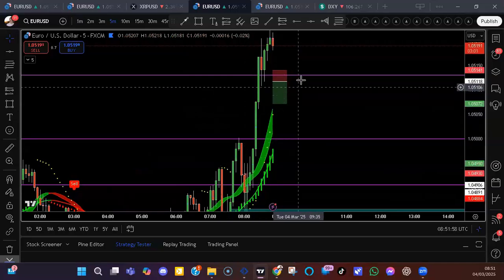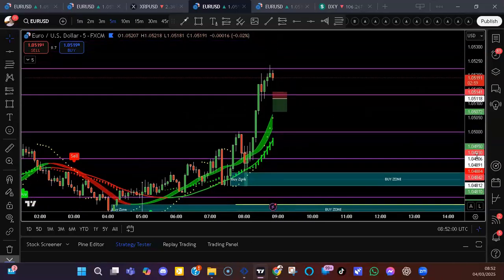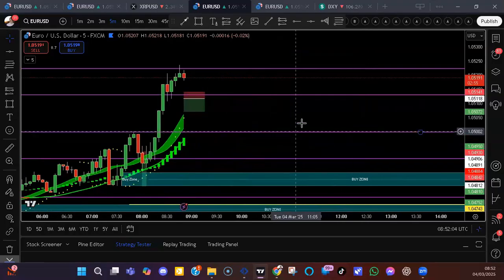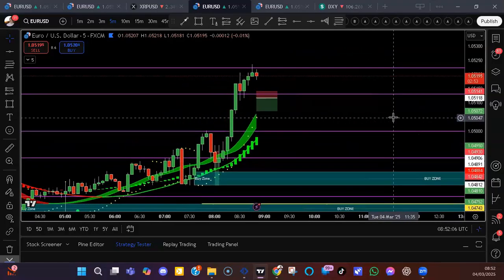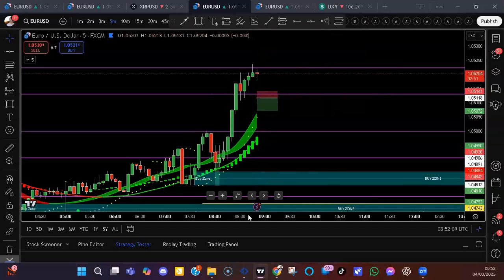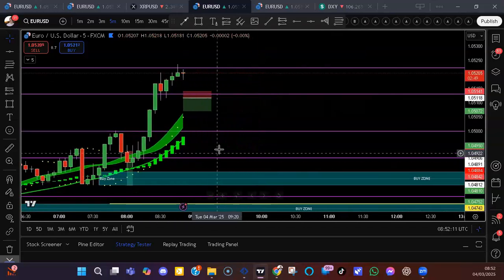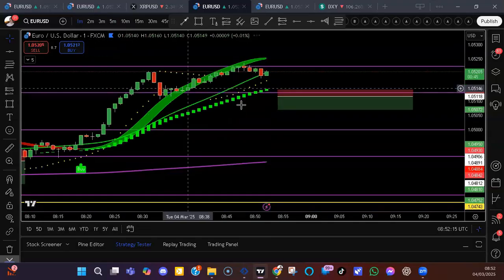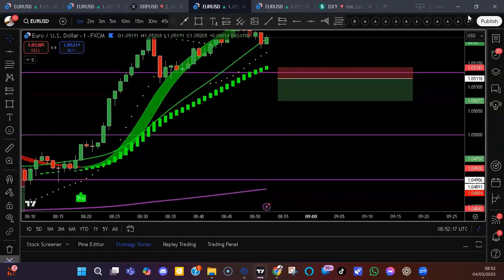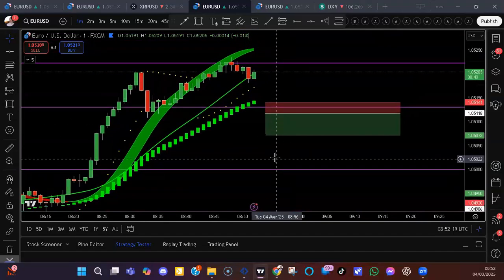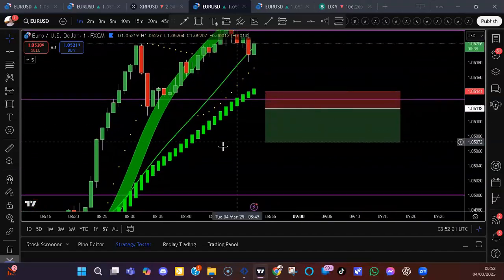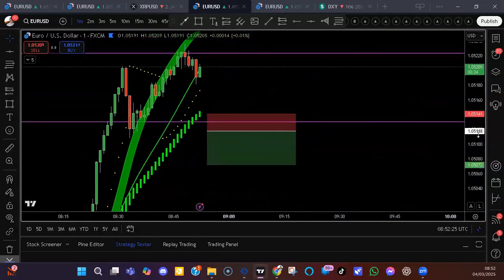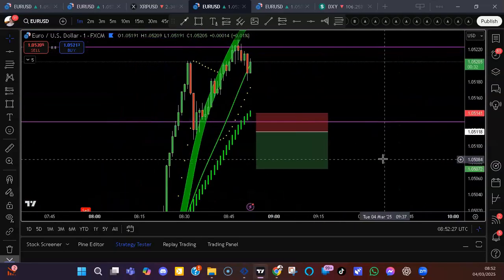We swept past the sell zone. So indeed things are shaping up more in our favor for perhaps a bit of a sell, if indeed one presents itself.